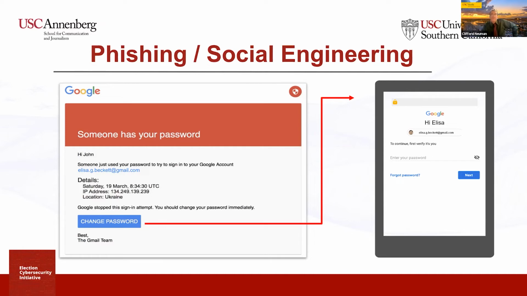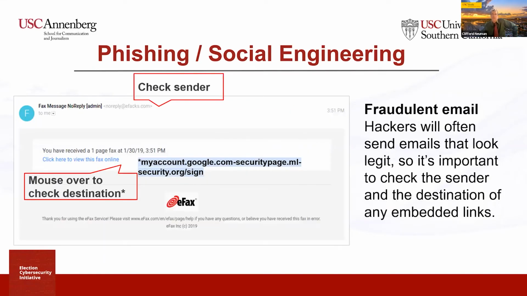Now, we tell people a lot of things to look for in messages to tell if there are signs that it's phishing. One of the things we tell you, hover over the link before you click on it, see if it's taking you to where you actually expect to go. But that's fraught with errors as well. Suppose you hover over this link and you see it's taking you to myaccount.google.com. You think, okay, that makes sense.